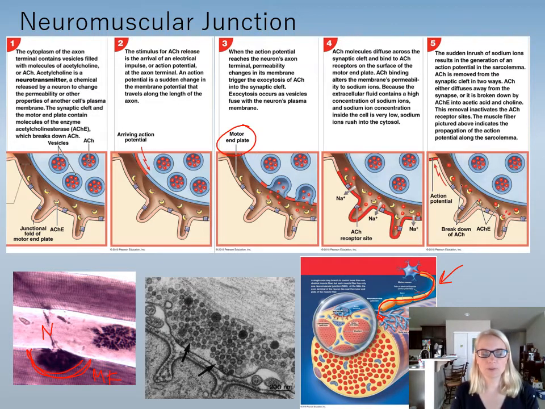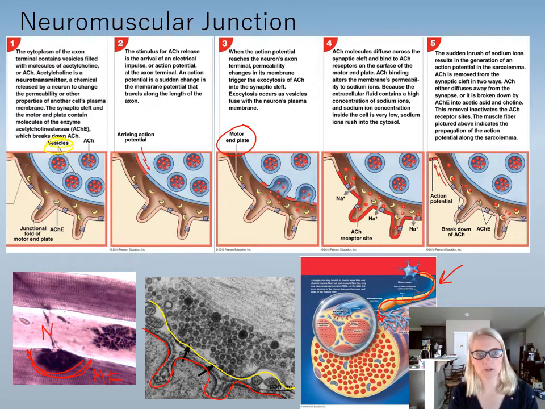And what's unique about the motor end plate is it's wrinkly, right? So it's not a nice smooth sarcolemma like we saw in all the other pictures. It actually curves in. So here's a micrograph showing the motor end plate. Okay. And then on this side, this is the motor neuron. So that's part of the neuromuscular junction. And every one of those tiny little circles that we see in the micrograph are representative of the vesicles.